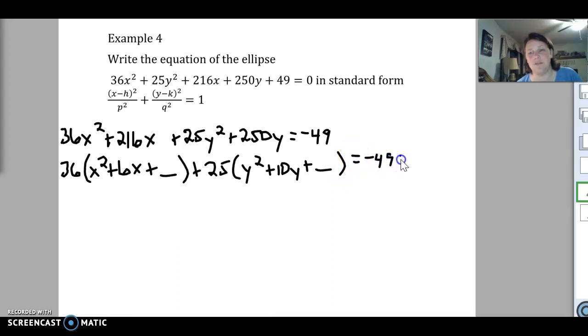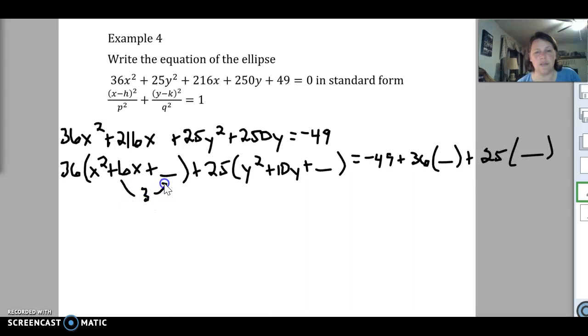Now we need to be really careful over here when we add our blanks. Always check to see if we have coefficients. In this case we do. So we're going to have a 36 times a blank and a 25 times a blank over here. So we'll want to make sure we get them in the correct order. Okay, so now we're ready to complete our square. So take half of 6, which is 3, and square it. Let's go ahead and add that over.